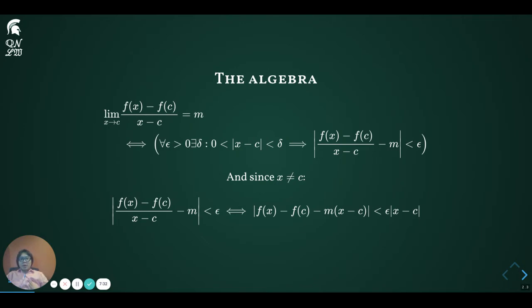Notice that as usual, for computing the limit, we don't care about the value of the expression at c, so we only look for those x for which x minus c is between 0 and delta.